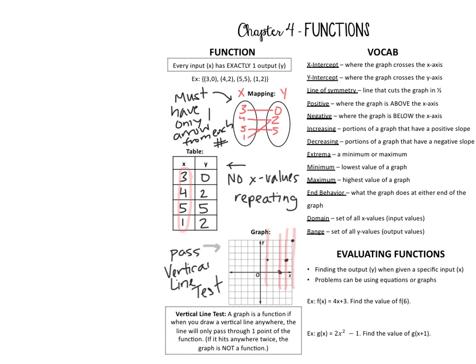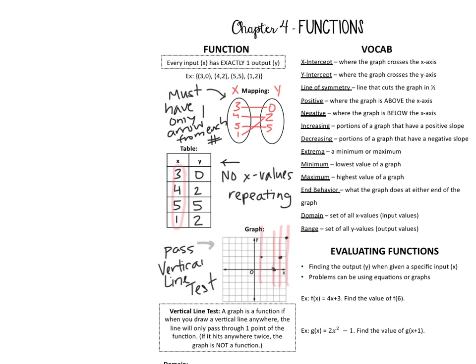So for the mapping, if there's a double arrow coming out, for example, over to the left here, if this was your x and your y, 1, 2, this right here, this 1 would be your problem because there are 2 arrows coming out of the x bubble there.